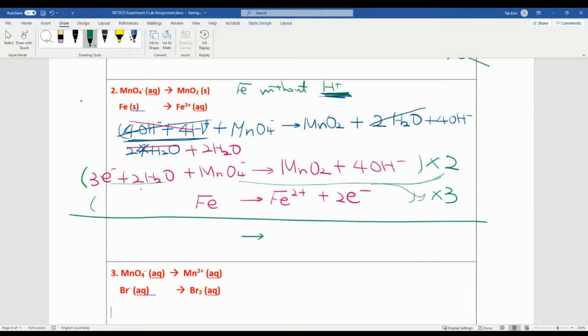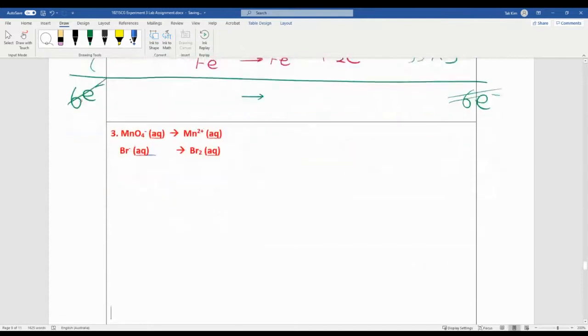Everything on the right-hand side goes onto right-hand side. So in the end, you should have 6 electrons on both sides, enabling you to cancel them, right? Leaving the number of reactants and the number of the product based on the integers. And I will leave these ones to you guys.